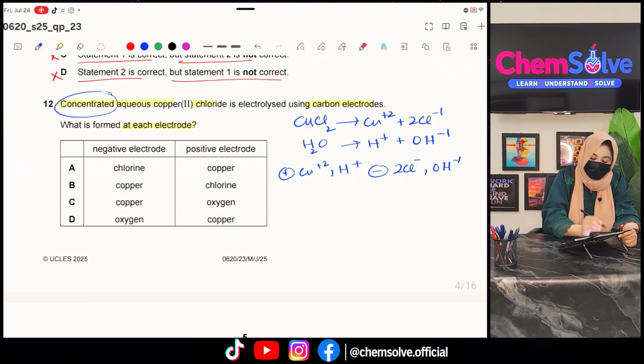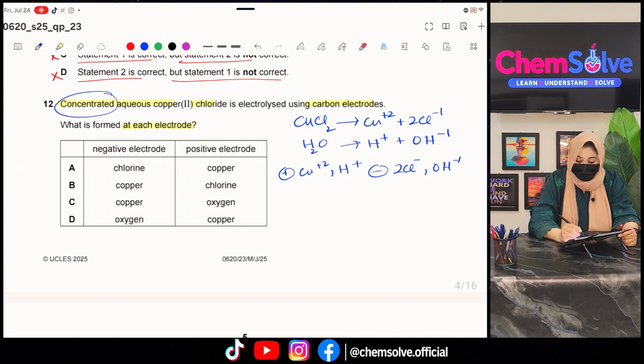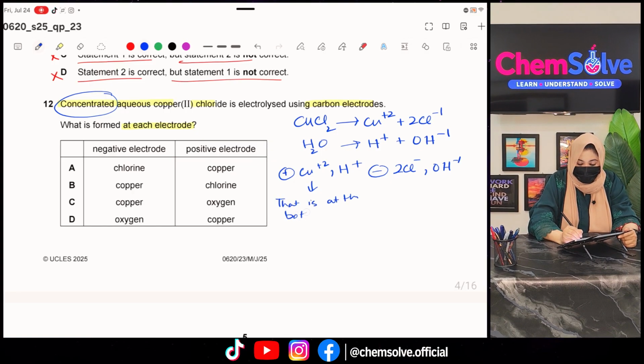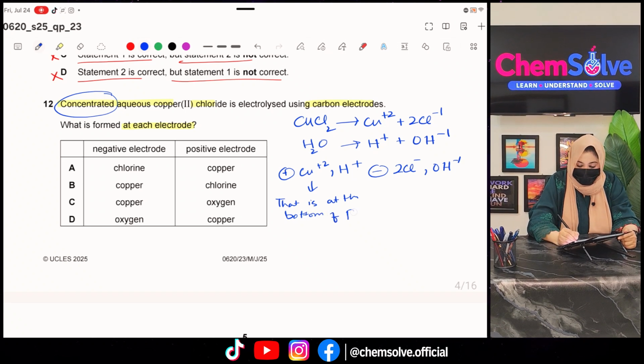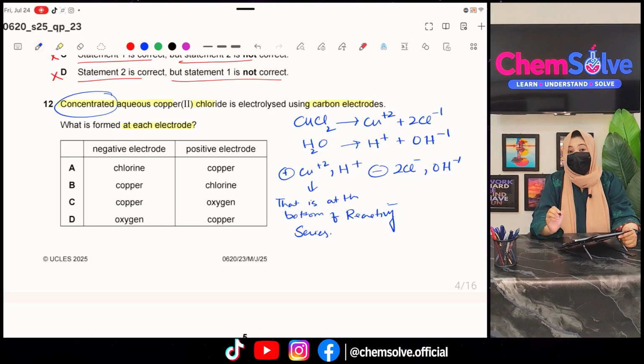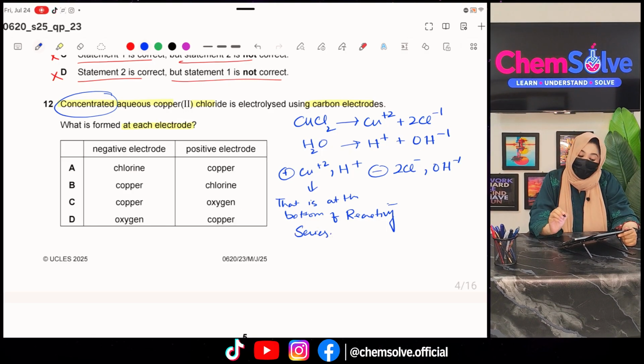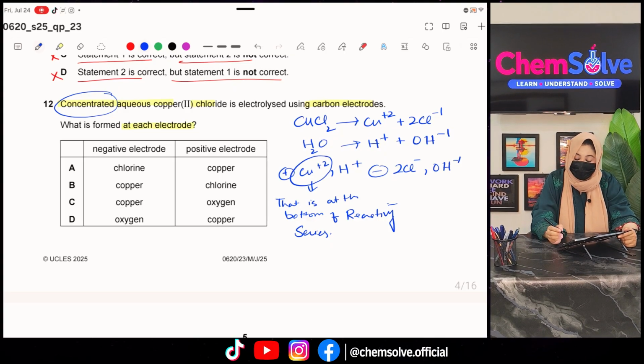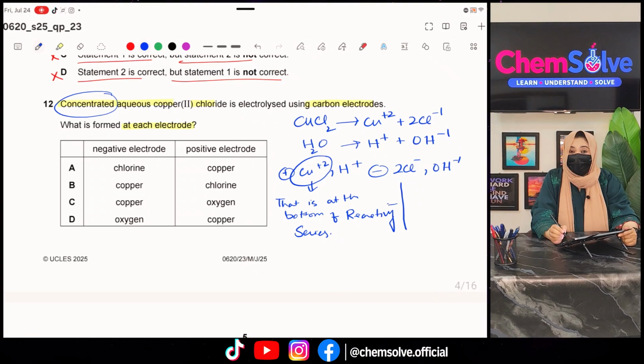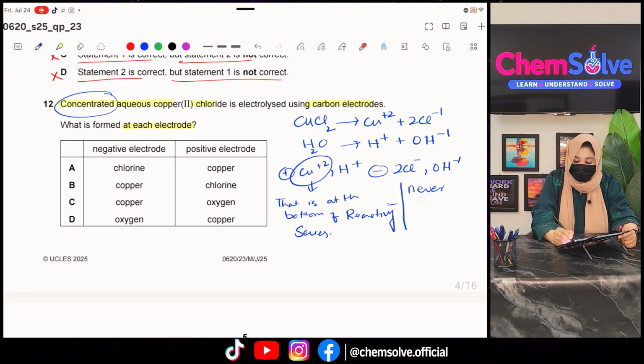Now look at concentrated. In positive ions, we always choose the one at the bottom of the reactivity series. So in our case, that would be Cu2+. And if your solution is concentrated during electrolysis, then never choose OH-. This is a tip.